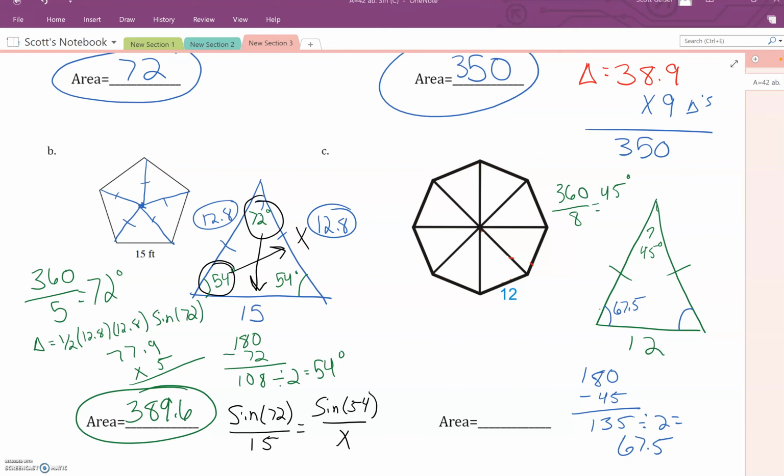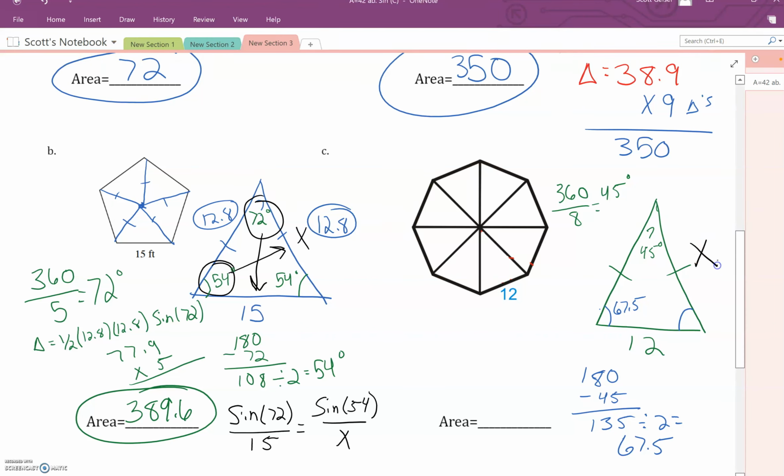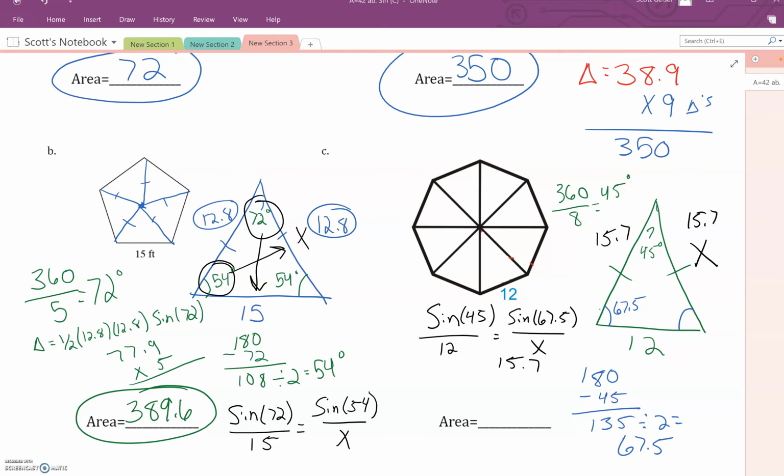Now, using the law of sines, I need to solve for that other side. So solve for x. I should be able to circle the angle with the side opposite. Once I set up my equation here, I should be able to cross multiply and get 15.7 for that side.